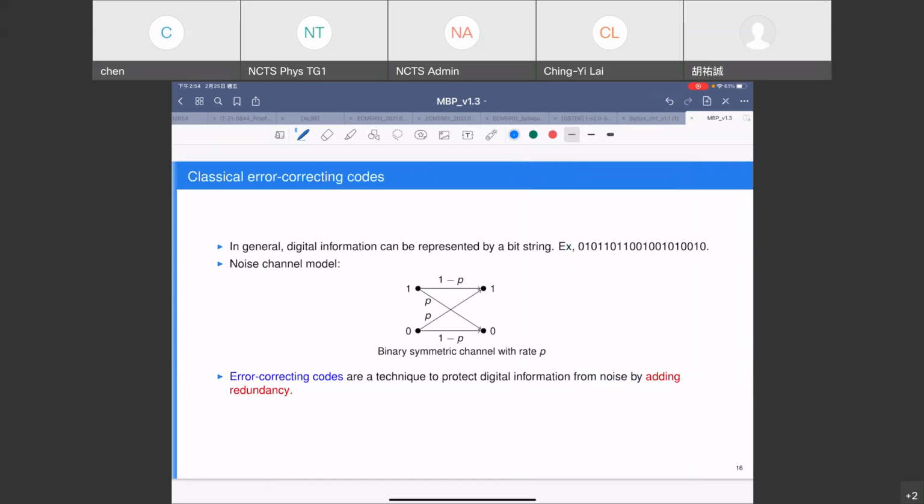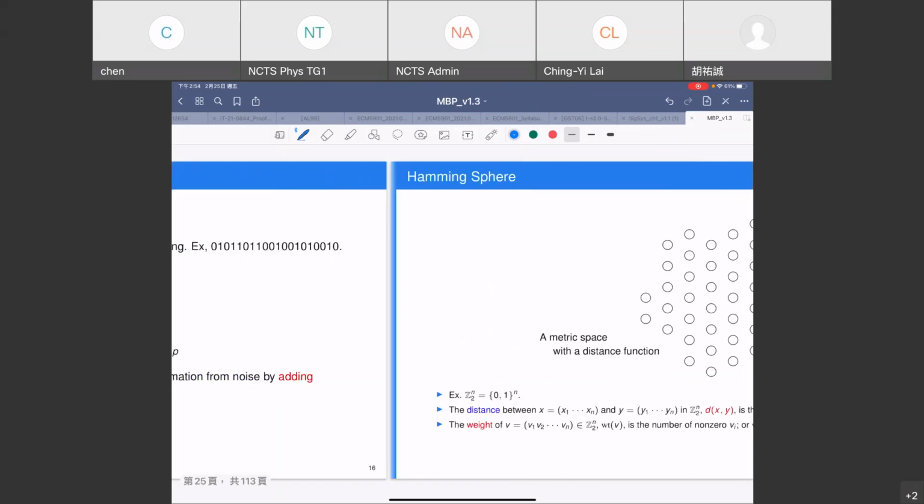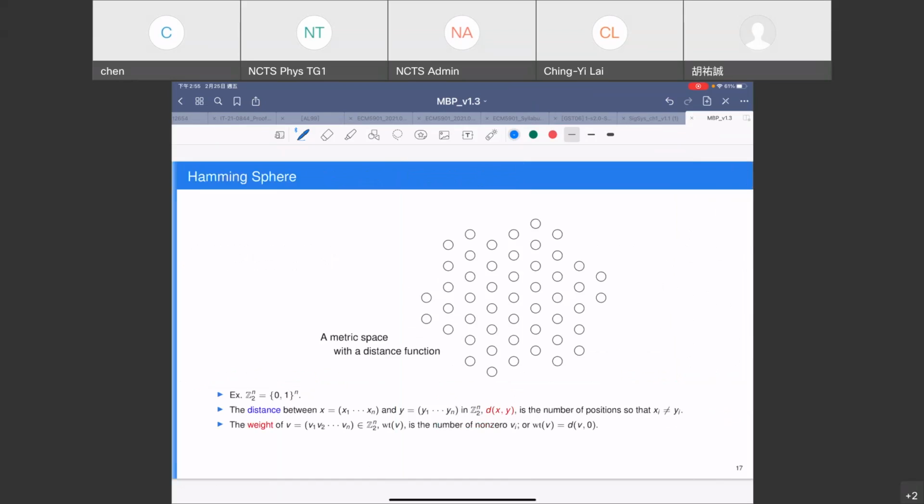So error correcting codes are an idea to protect digital information from noise by adding redundancy. The idea is like this. Suppose we have a very big space for our data.